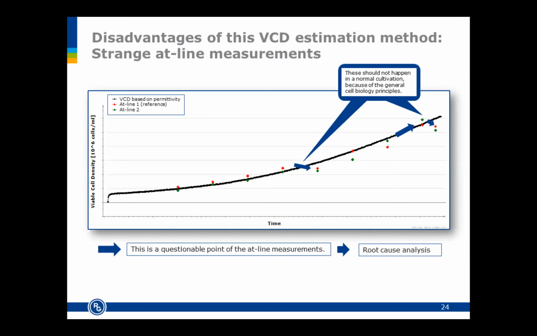We have done a root cause analysis for it, and this can be due to the sample preparation of the at-line measurements. So I would trust the inline equipment and the results of the model. There is no such problem in the case of the inline measurements, of course.